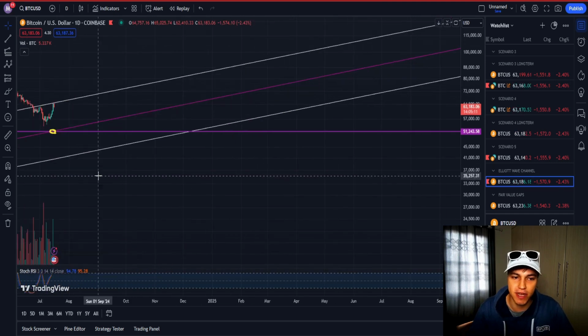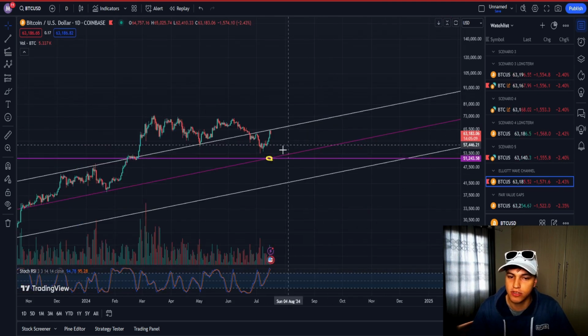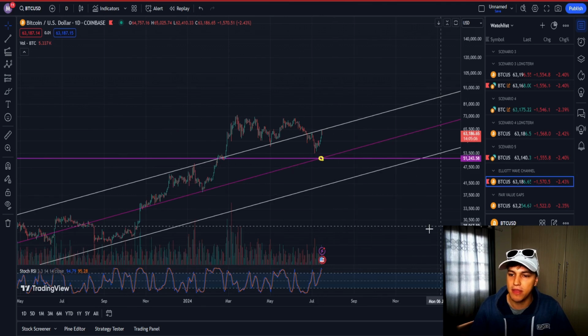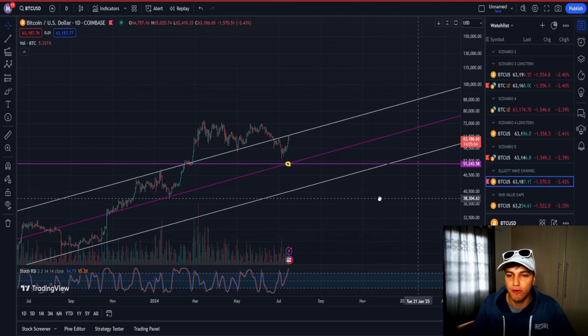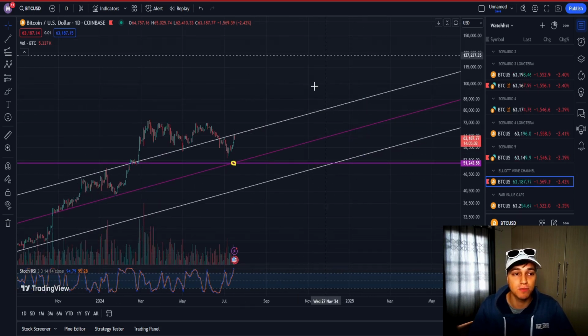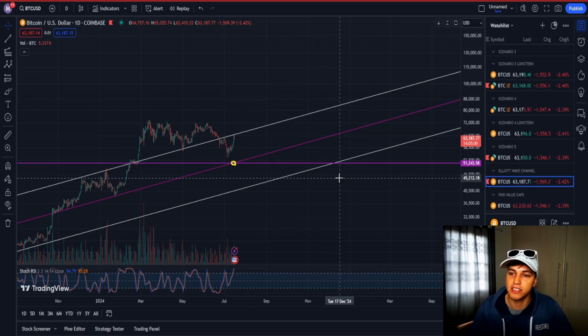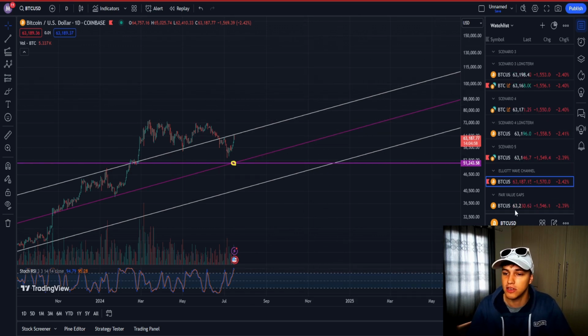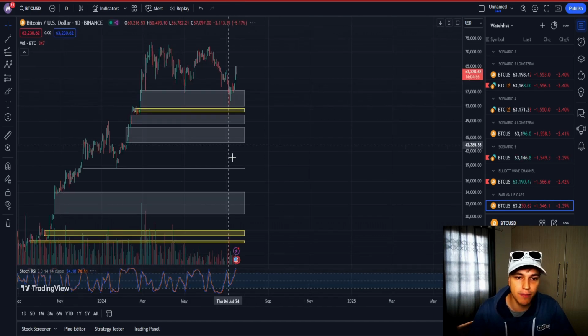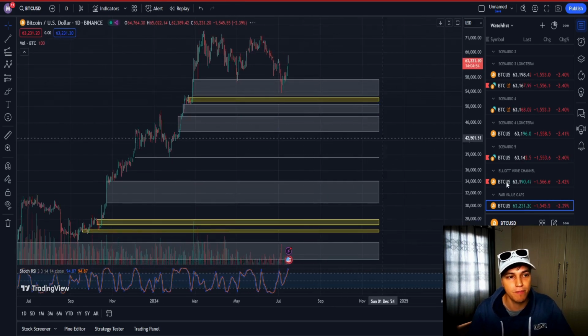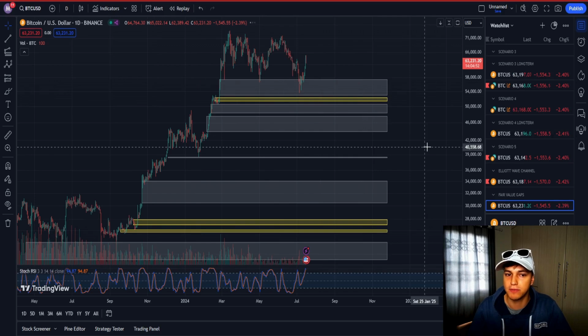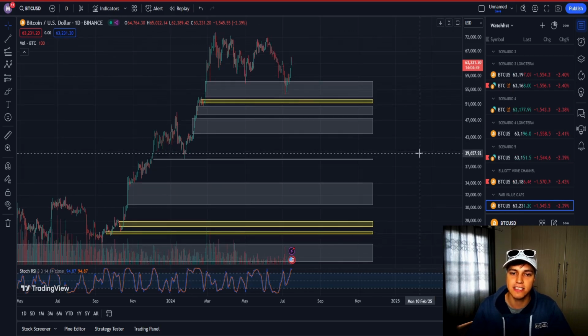But I do expect at some point for us to come back down to this middle line, and from there, that being the blast off for the bullish move to 100,000, 120,000 US dollars. On a fair value gap perspective, we have still not filled these fair value gaps on the daily and weekly time frame.